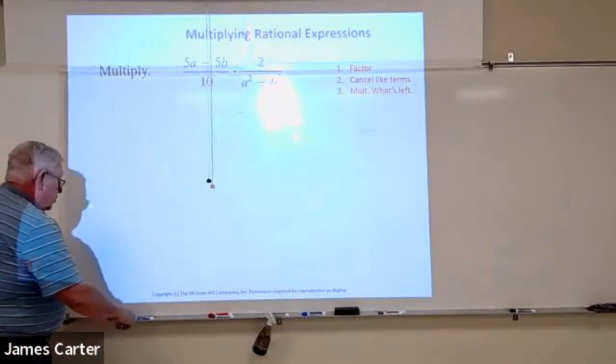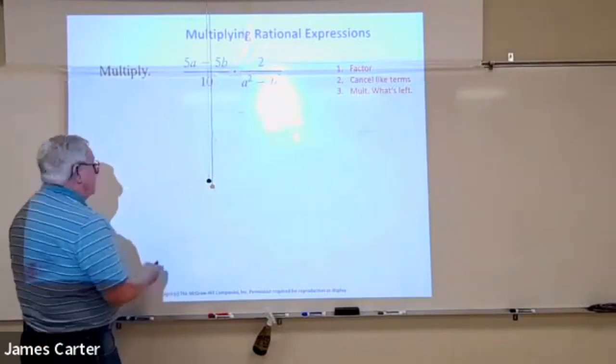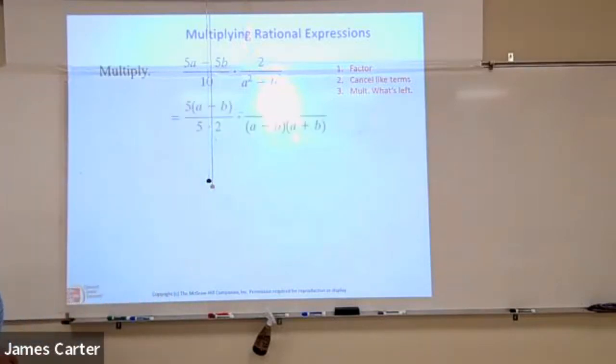So that factors into this, that factors into this, and they factored 10. I don't know that I would have, but it's okay that they did. I would have probably left it 10 and then canceled 5 out of both of them, still having 2 left.